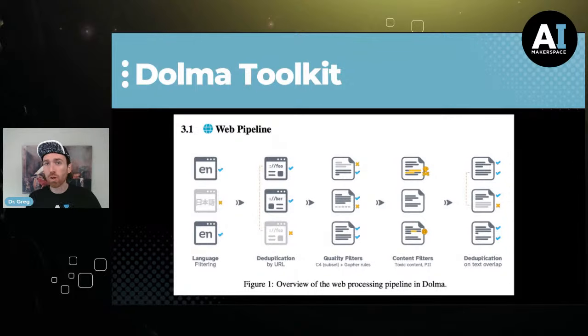So Common Crawl, C4, this kind of thing, where first they go through a language filtering step, and then they do their first dedupe step by getting rid of the same URLs. Then they go to sort of this quality filter, oh, no, that's low quality, get it out of here. That's low quality, get it out of here. This is high quality, let it stay.